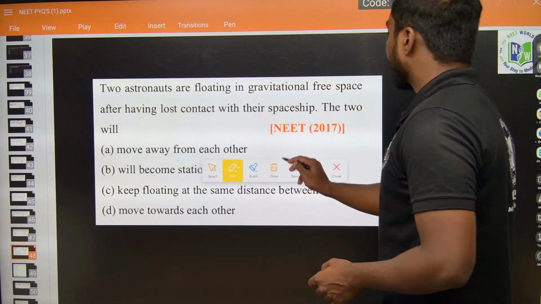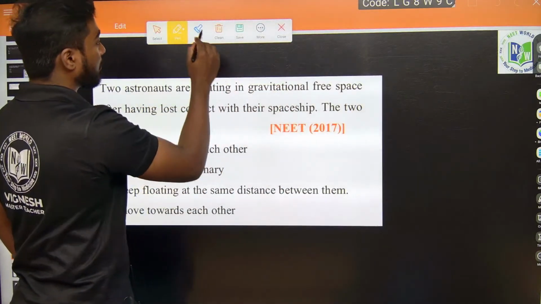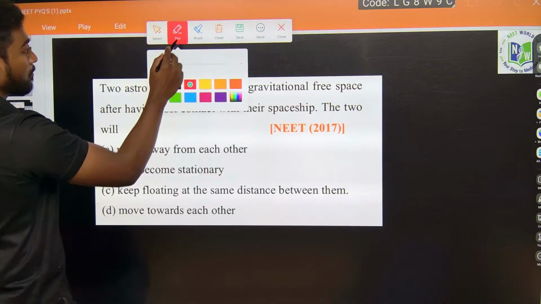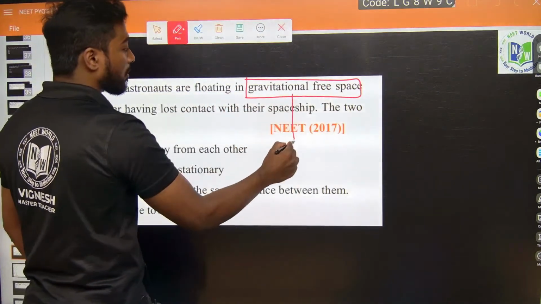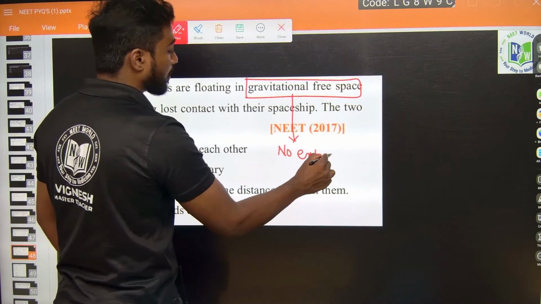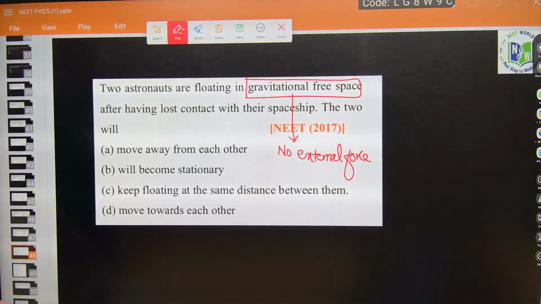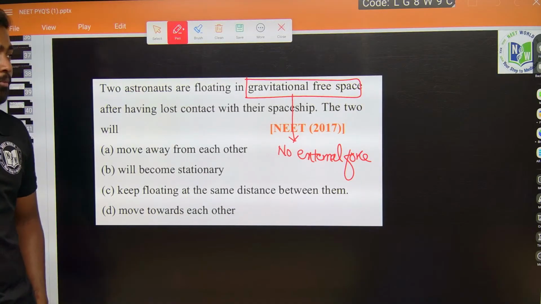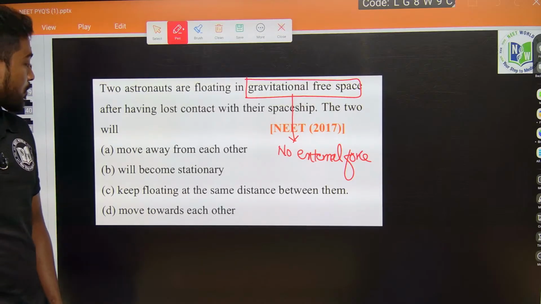Gravitational free space, which means no external force. And one more thing: having lost contact with their spaceship, the two will have, so there is no external force, but between the two there will be a mutual attraction. So what will be the answer?